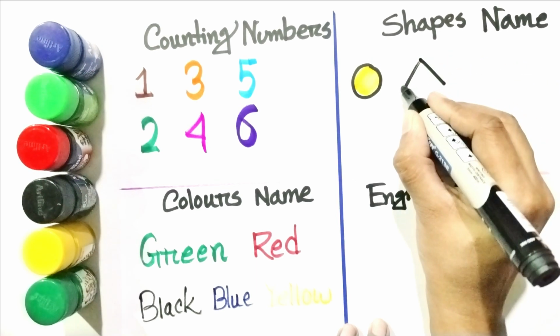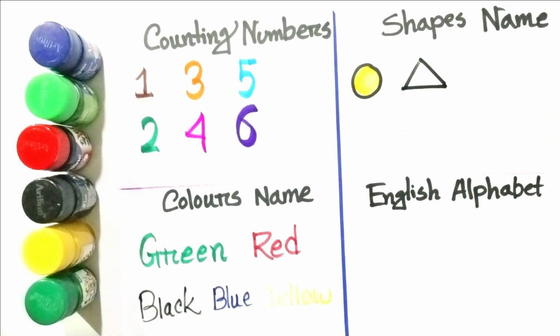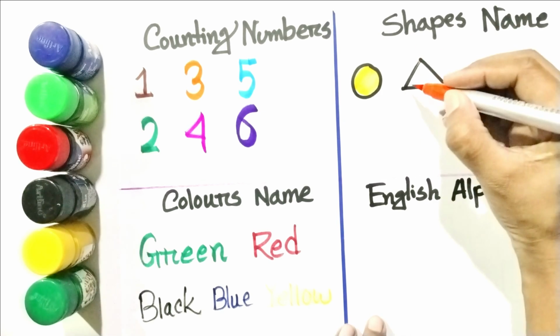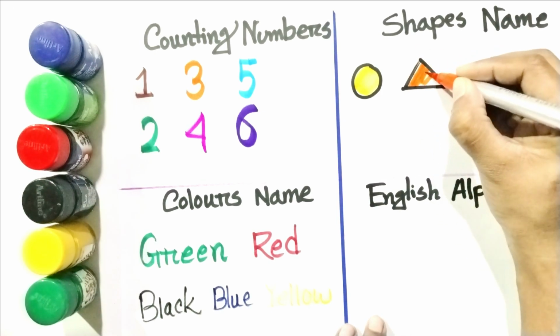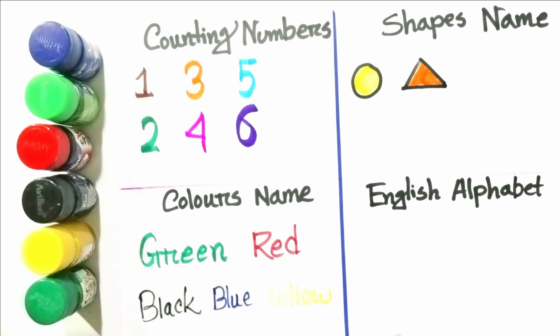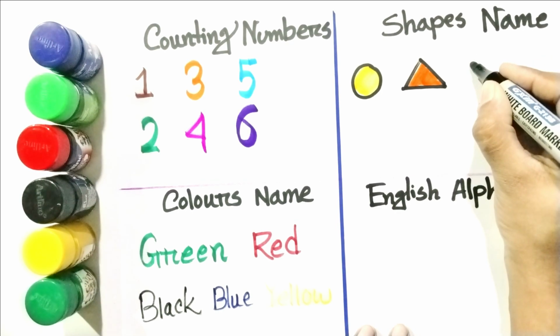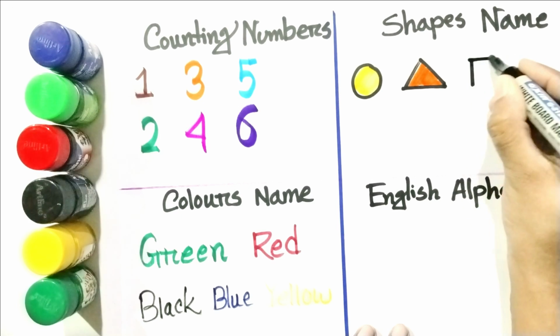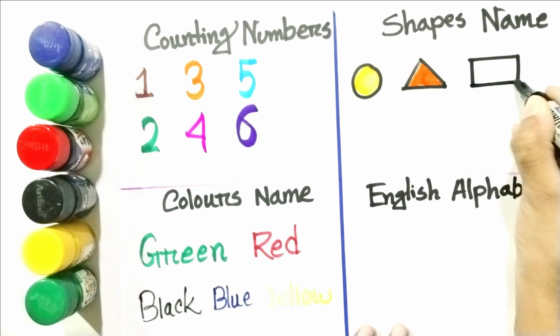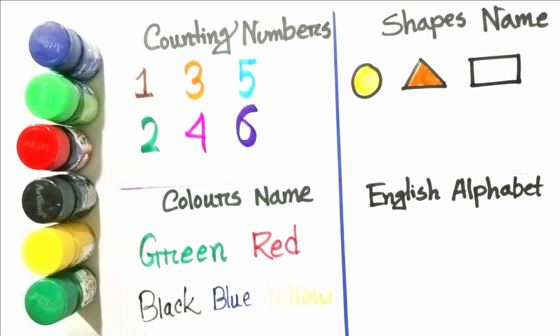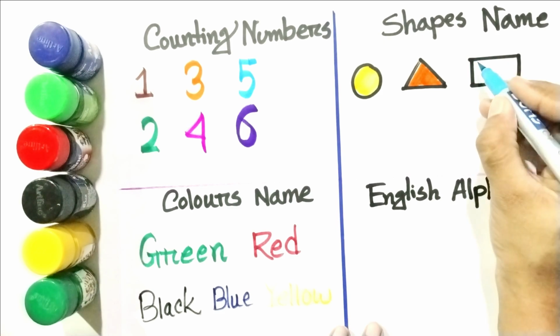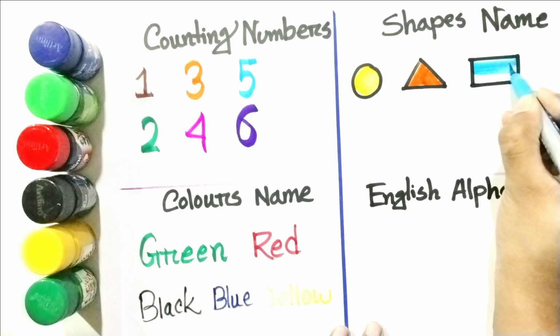Draw with me a triangle. Color with me a triangle. Say with me, shape name, rectangle. Color with me, rectangle.